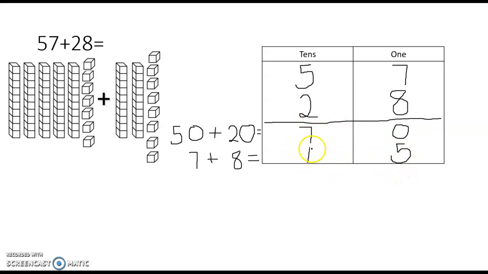Now all I need to do is put those two partial sums together to find the whole sum. So I can see that in 70 I've got 0 ones, and in 15 I have 5 ones. 0 plus 5 is 5. So altogether I have 5 ones.